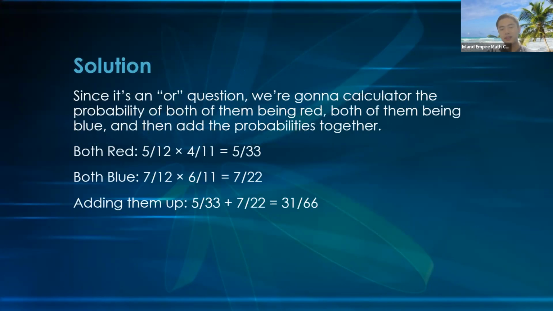In this case, the events are both of them being blue, and both of them being red. So all you have to do is calculate the probability of both of them being red and both of them being blue, and then simply add the probabilities together. It's super simple.